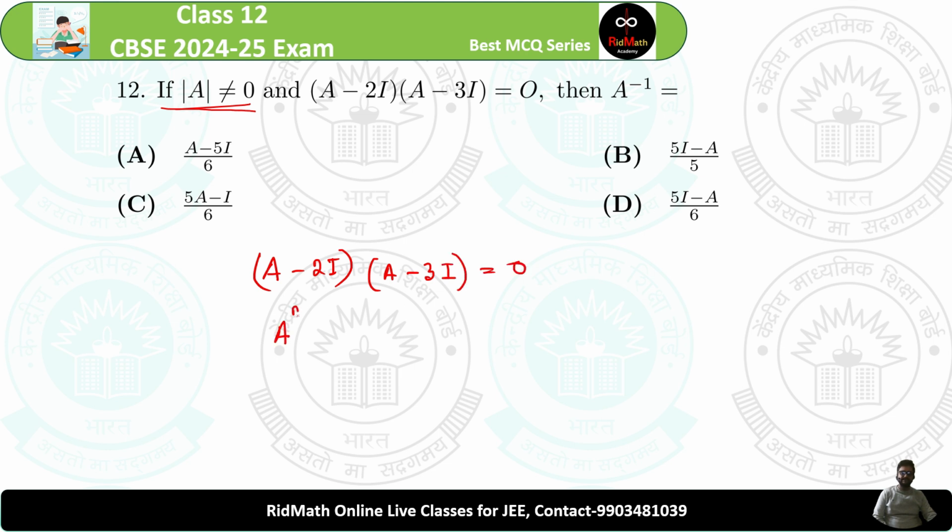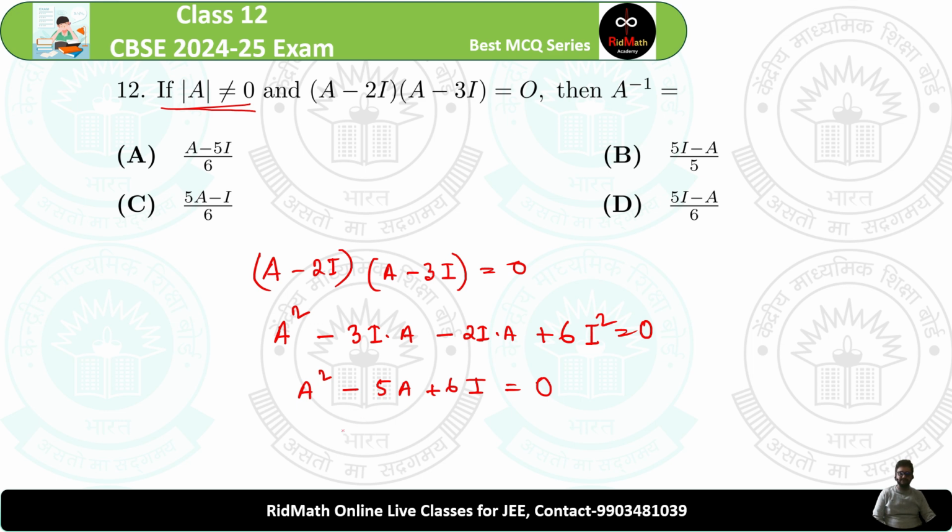So multiplying, A square minus 3A minus 2A plus 6I square, this is equal to null matrix. So this is A square minus 5A, because I into A is A, plus 6I matrix equal to null matrix. Okay, now what is A inverse?